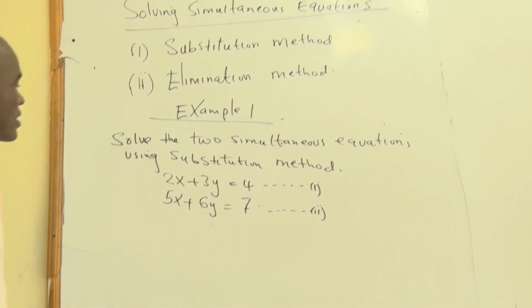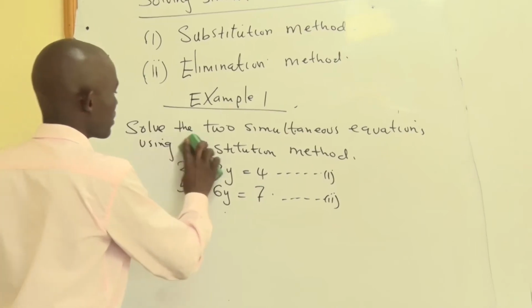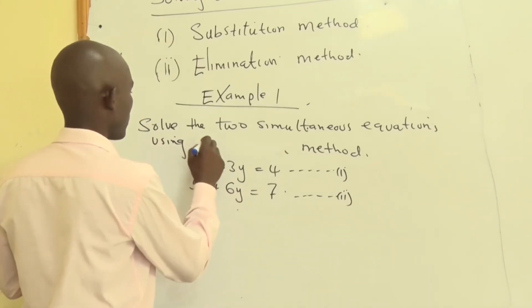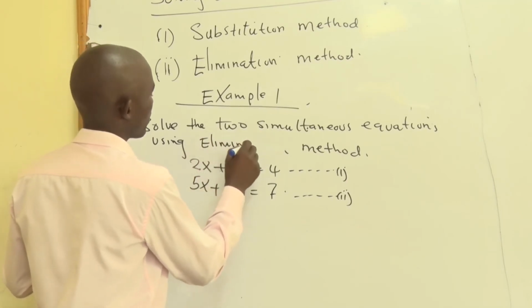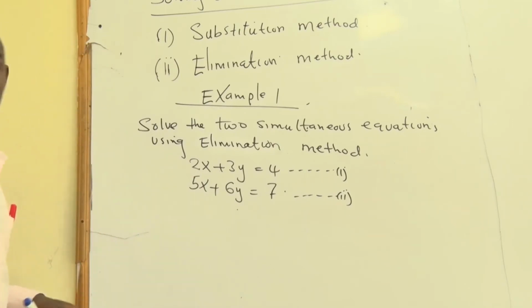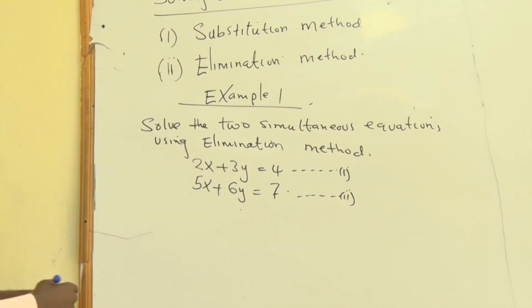So our question should read, solve the two simultaneous equations using the elimination method. When you are using the elimination method, elimination means you want to remove completely a given section.